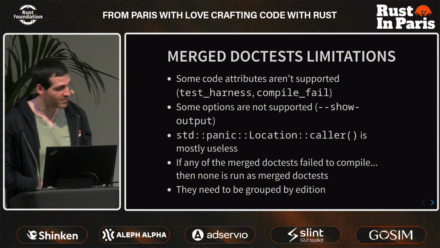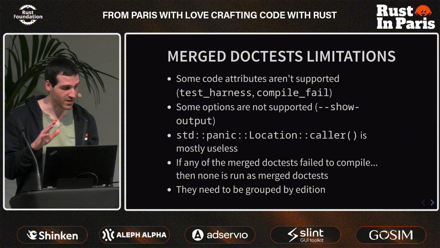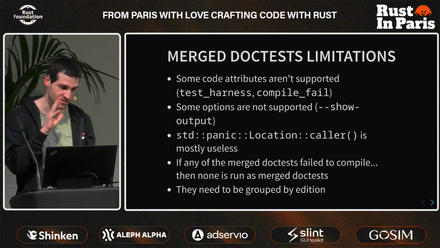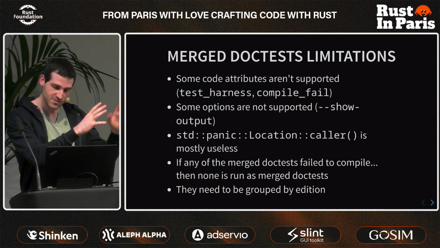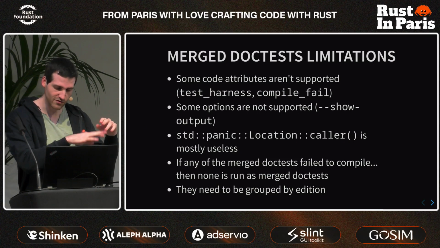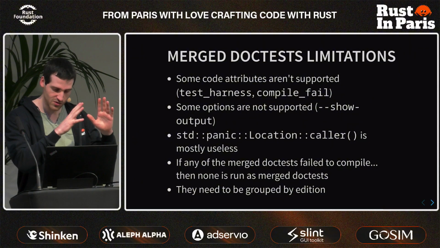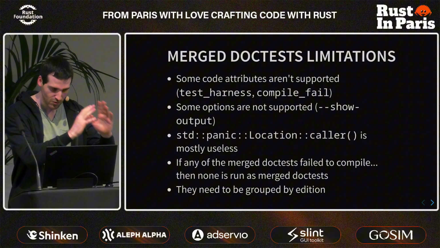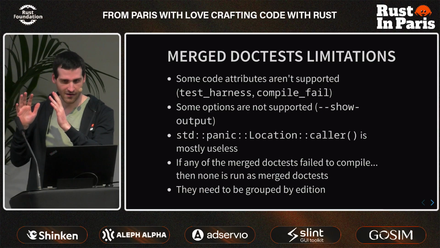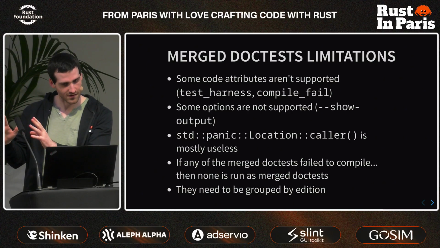Oh, maybe actually I can explain how we did that. So now we keep the nightly only features in a crate, a very small one, which declares the functions that are common to the doctests that are used, which use the nightly things. We compile that, and on the other side, we have your code, and we compile that too.